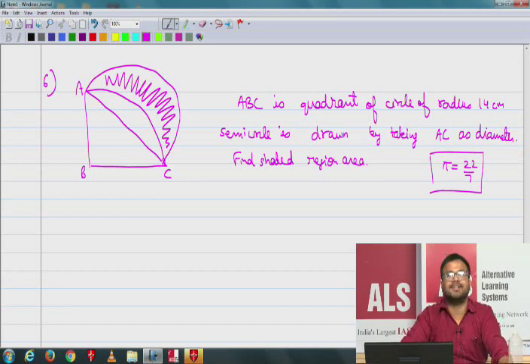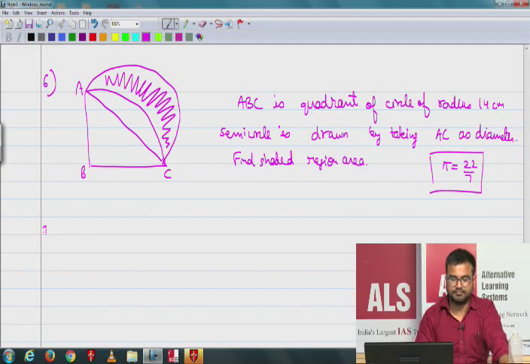Yes, the Tamenglong Center. That is the right answer. Correct. Perfect. Shillong, what is your answer?